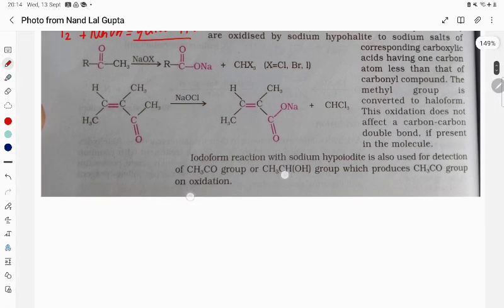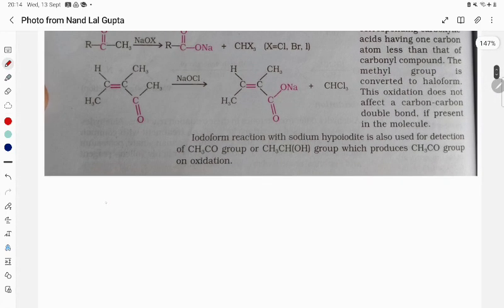What type of aldehydes and ketones are going to give it? Always keep in mind, student, either it should have CH3, here will be C double bond O, or it can also be a secondary alcohol, this is the OH, here will be CH3.